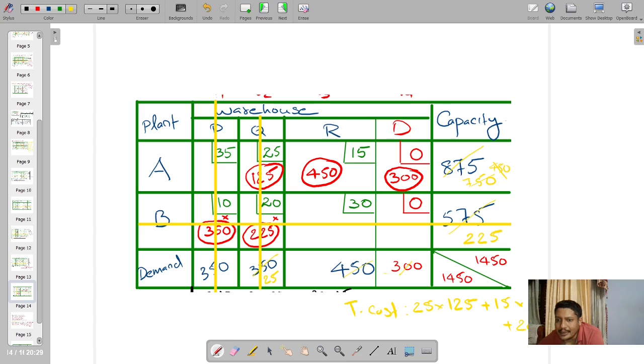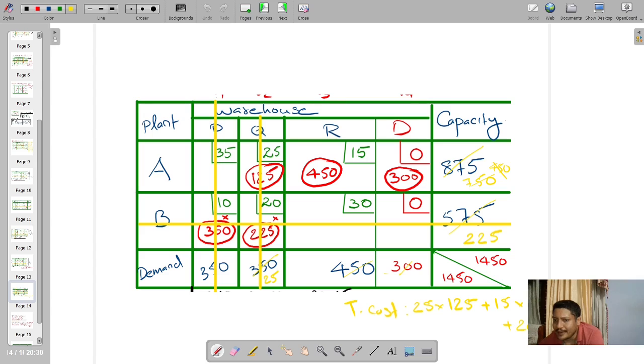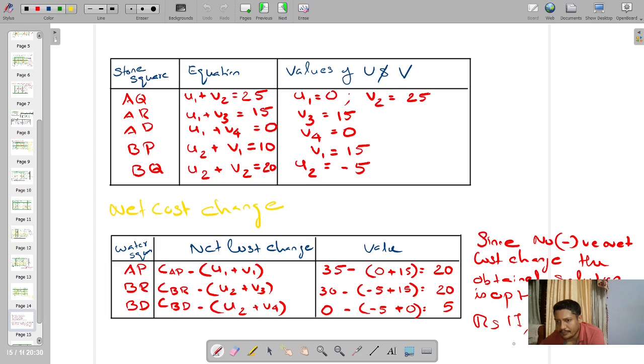If we calculate it, we get the value 17875. The final value is 17875, and that is our optimum value.